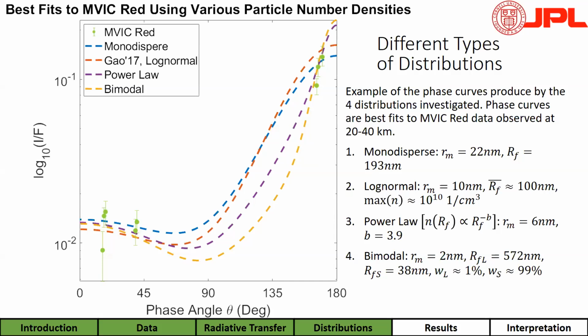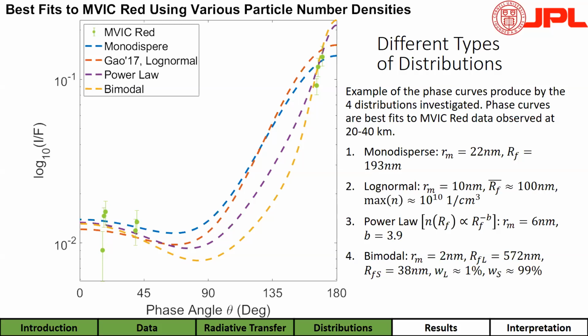So I tested 4 different distributions. The first is a monodisperse, which literally means the entire atmosphere is described by a single particle. A log normal distribution. This comes from work that has been previously done by Peter Gao. A power law distribution, and finally a bimodal distribution, which is similar to monodisperse, except we're now using 2 characteristic particles.